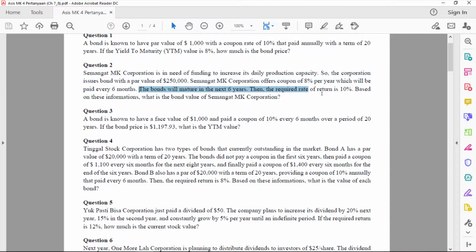So this is semi-annually. The bond will mature in the next 6 years. So this is the expiration date of the bond. Then the required rate of return is 10%. Based on this information, what is the bond value of Smart MK Corporation?